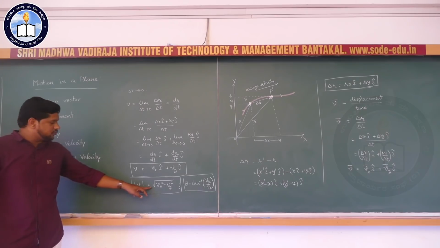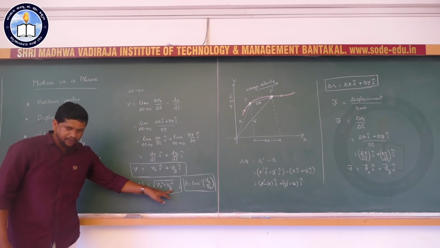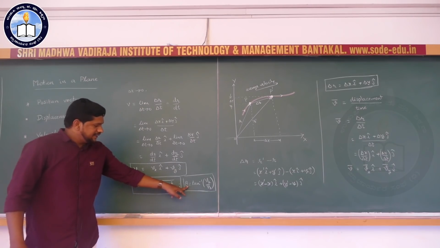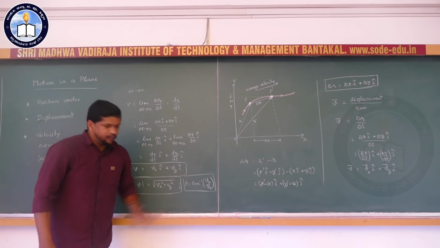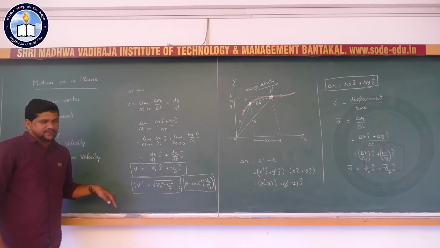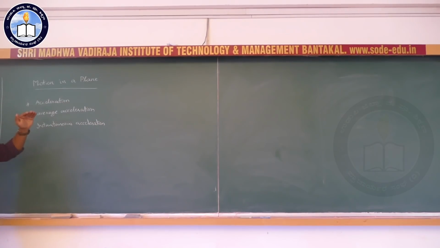Magnitude of velocity is square root of Vx square plus Vy square, whereas theta gives the direction. Theta is equal to tan inverse of Vy divided by Vx.